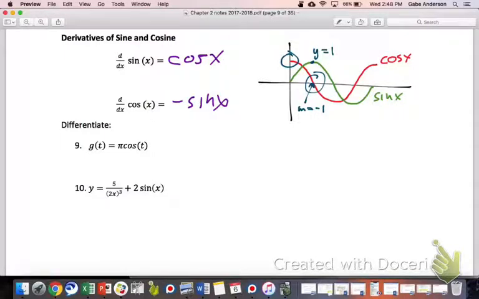We couldn't really see that on the first one because the opposite of 0 is just 0, so it doesn't really show what we want to see. But since the slope of cosine is negative 1 and the value of sine is 1, we see that they're opposites. Do we see the 0 pattern again here and here? The slope of the red graph is 0. The value of the green graph is 0.